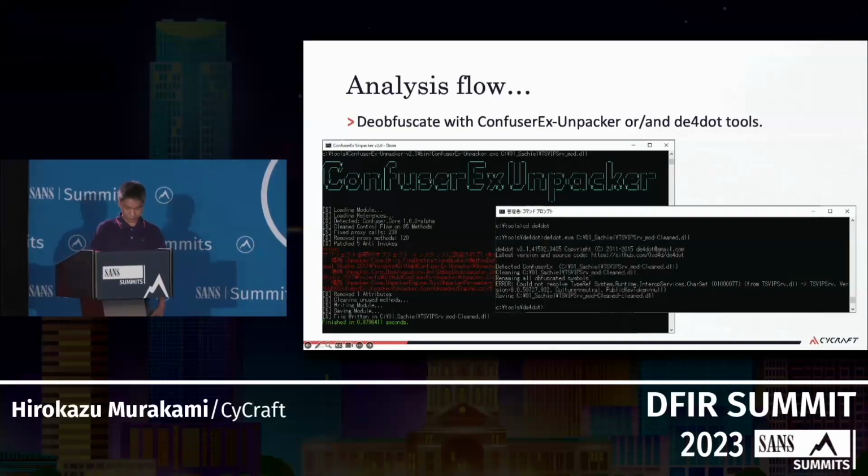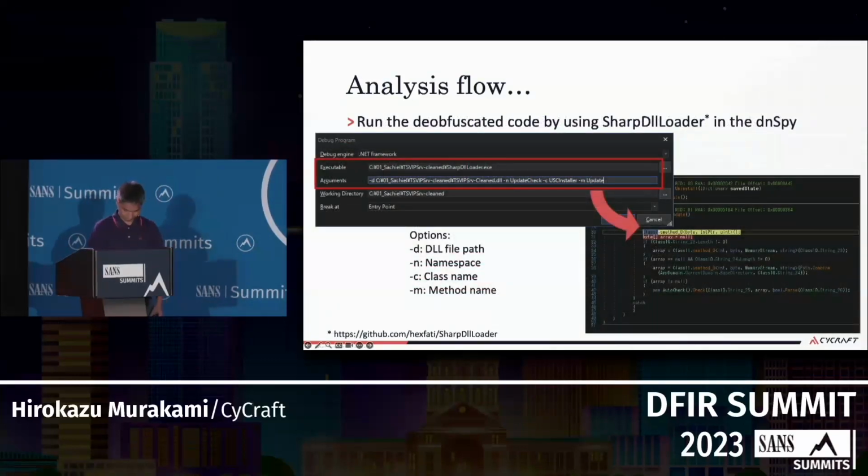I ran the deobfuscation tool with the edited file. Some errors remain, but the deobfuscated code was output. You can see a red error message written in Japanese, but the output is correct. I don't know the details. I ran and analyzed the deobfuscated code.